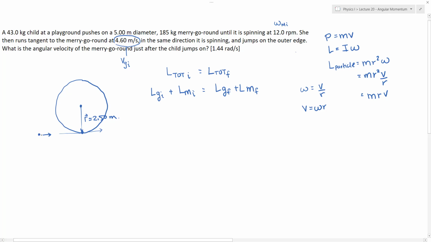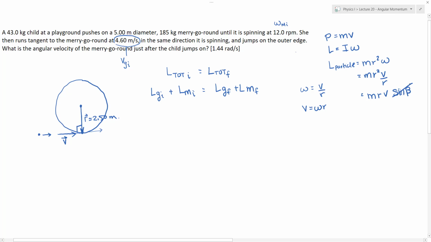So the particle, in this case the girl, is moving this way. This is her velocity vector, and the r vector is in this direction. The angle between those two vectors is 90 degrees. So we don't really need to worry about this sine beta that comes into the equation, because sine of 90 is 1. So all of this goes away.